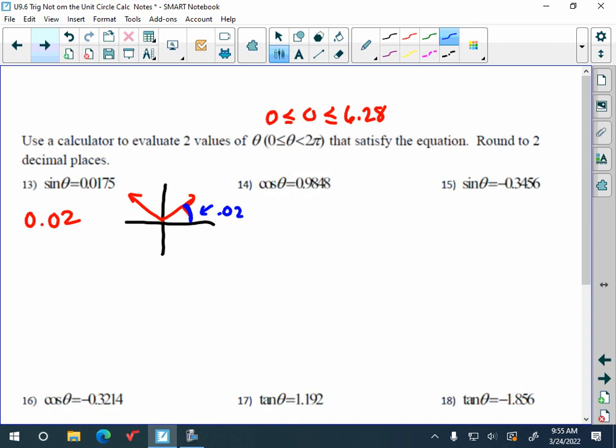We're not in degrees though. So what's the same as 180 in radians? It's pi. Yeah. So now we do pi minus 0.02. 3.12 is the other one.